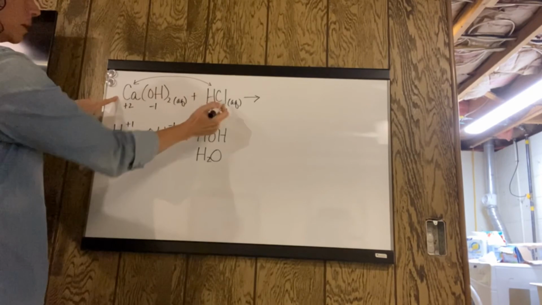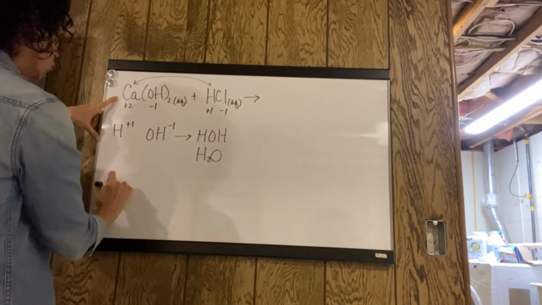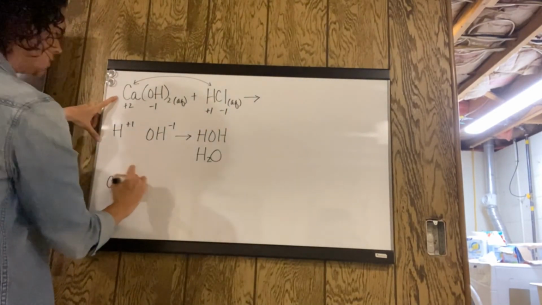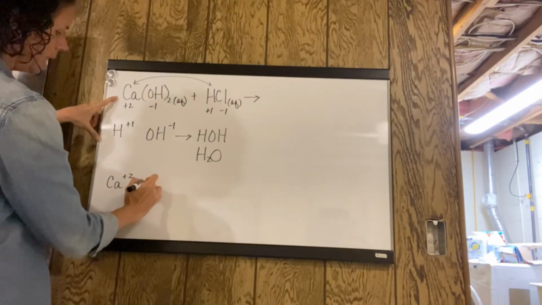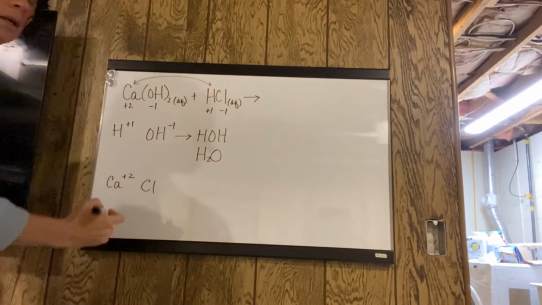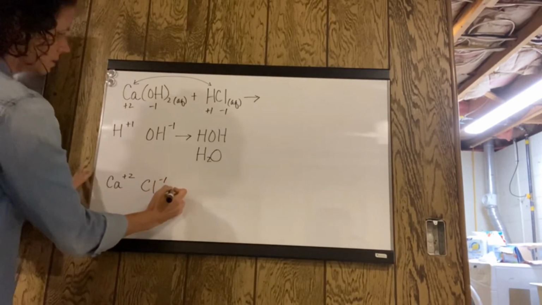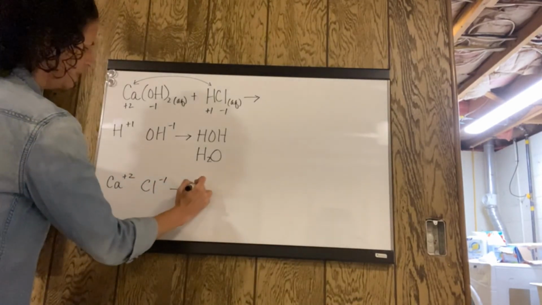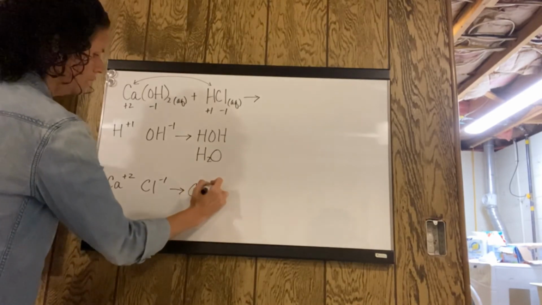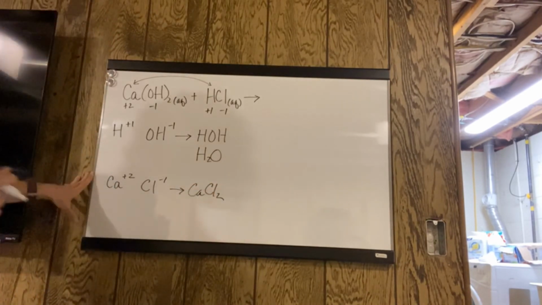Now my calcium is going to bond with my chlorine. So calcium is a +2. That's going to bond with chlorine, which is a -1. So if I do crisscross, that tells me that I need 1 calcium and 2 chlorines.